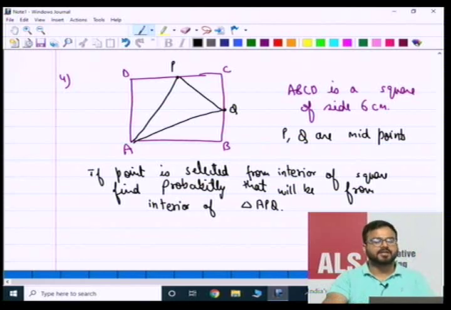We just have to find the area of the triangle APQ, divide by the total area of the square, that's it.